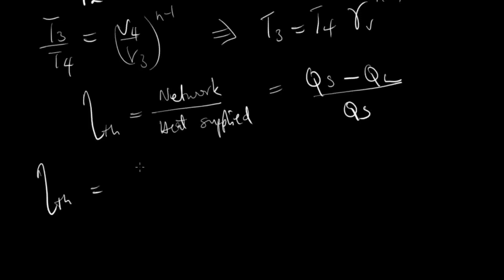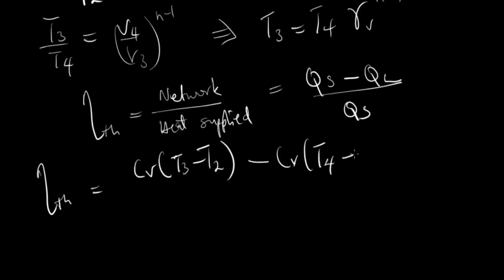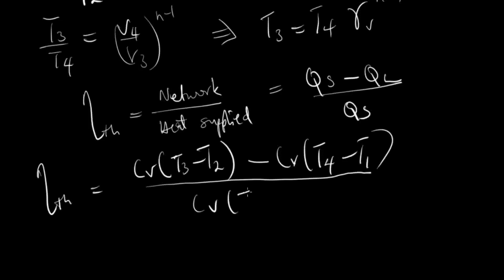Now we know the value of Qs. Qs, just like we stated before, is Cv (T3 minus T2) minus Cv (T4 minus T1) all over Cv (T3 minus T2). Of course, it's a constant volume process, so everything will be Cv.